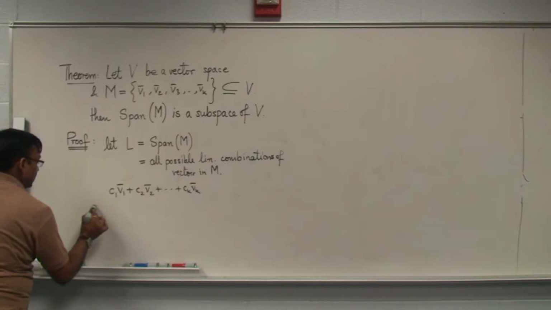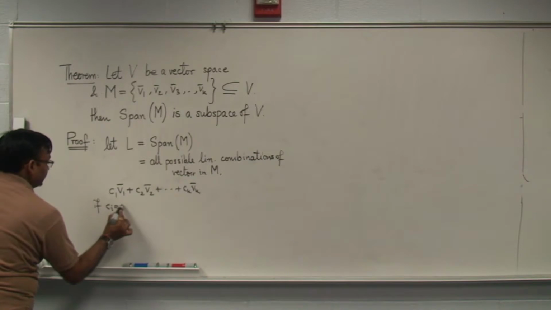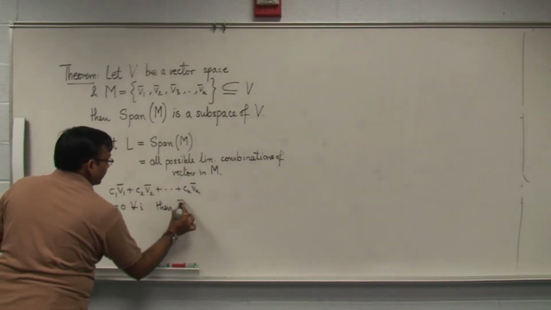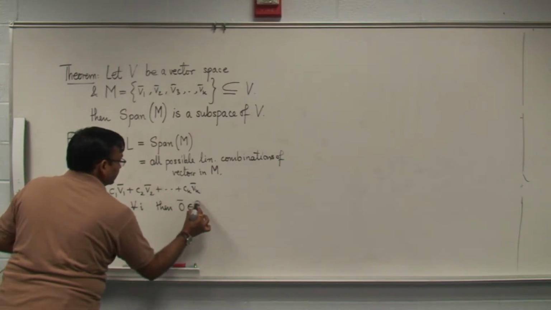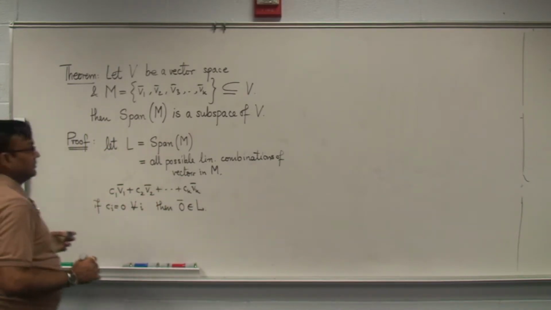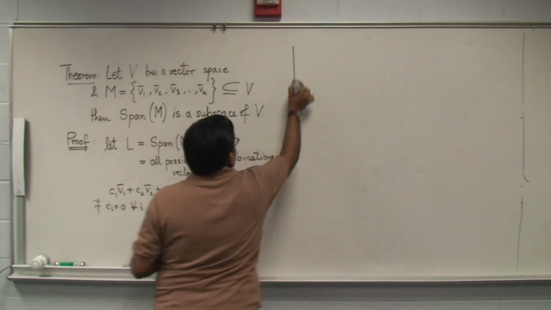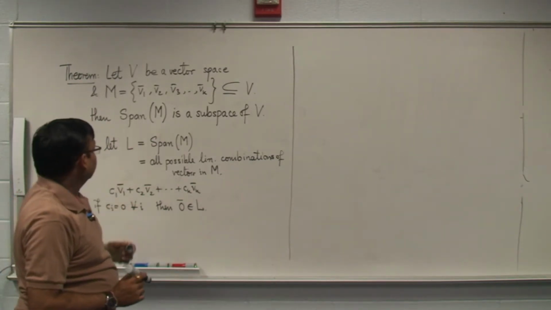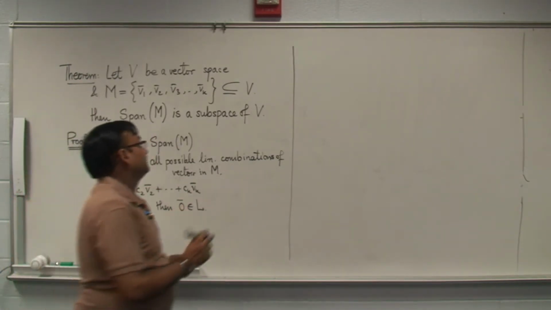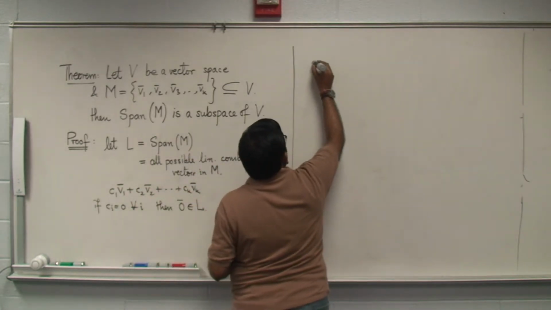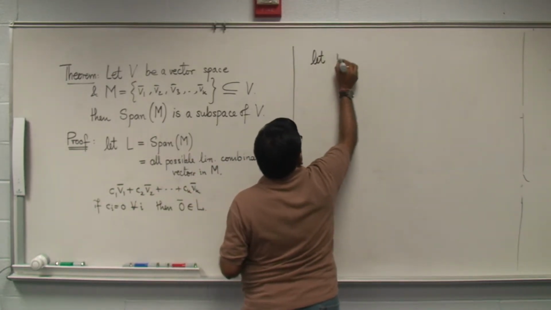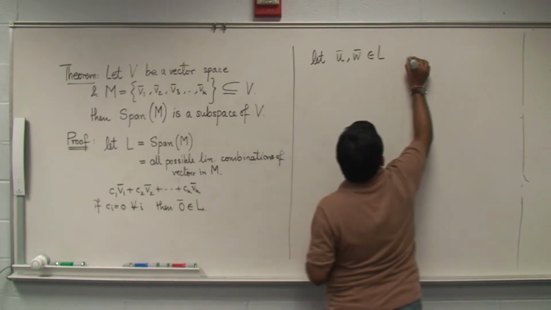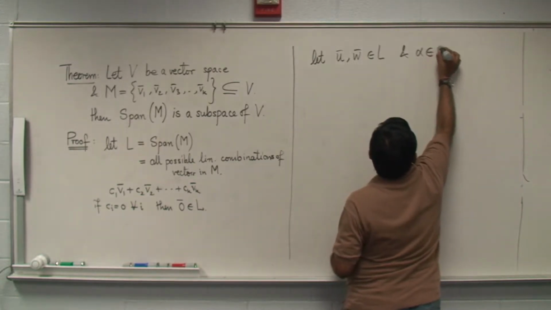Notice, if ci is 0 for all i, then that means the 0 vector will belong to L. So at least I am guaranteed that the 0 vector is living in L. So not only is it not empty, in fact we have shown something which lives in L, and that thing happens to be 0. Now what we will do is pick up two vectors in L. So let u and w be two vectors in L, and let alpha be a real number.